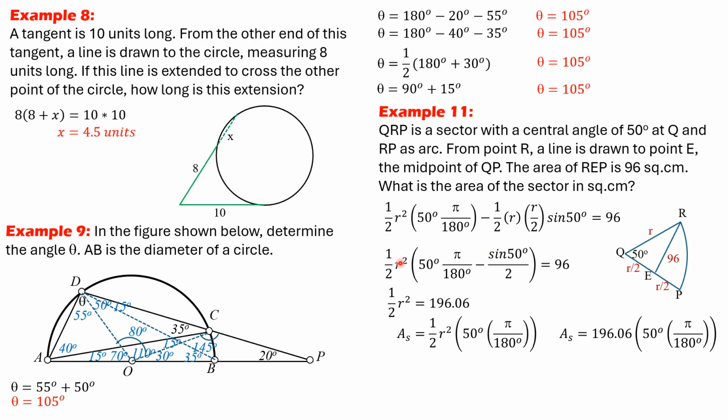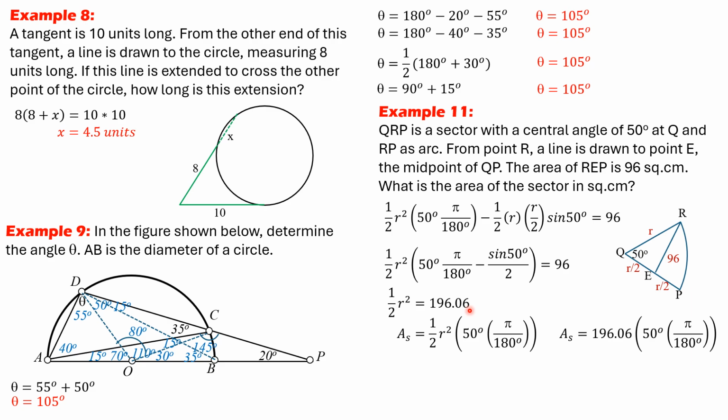Solving for 1/2 R squared, factor out, so we have 1/2 R squared times 50 pi over 180 minus sine 50 degrees over 2. So it's still over 2. So we can solve 1/2 R squared as 196.06 square centimeters.